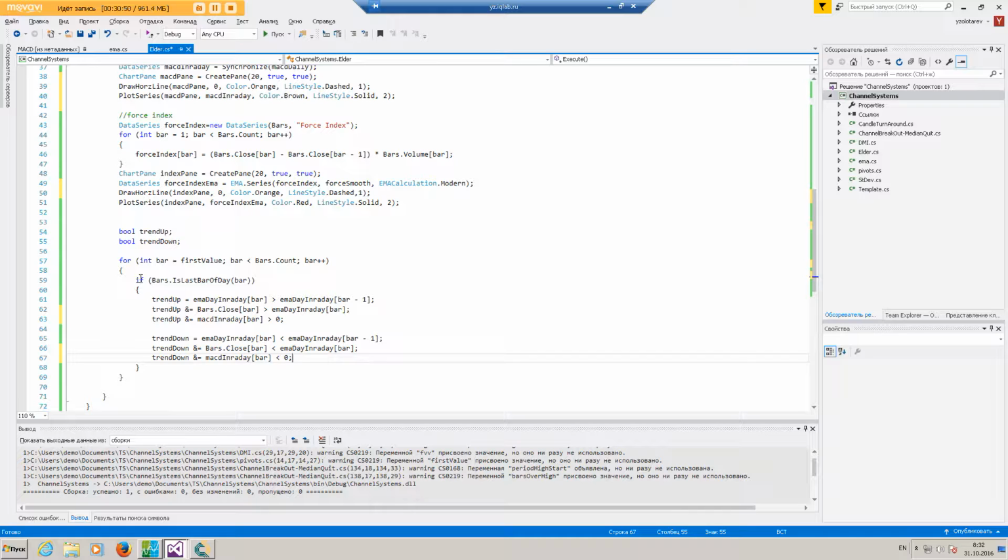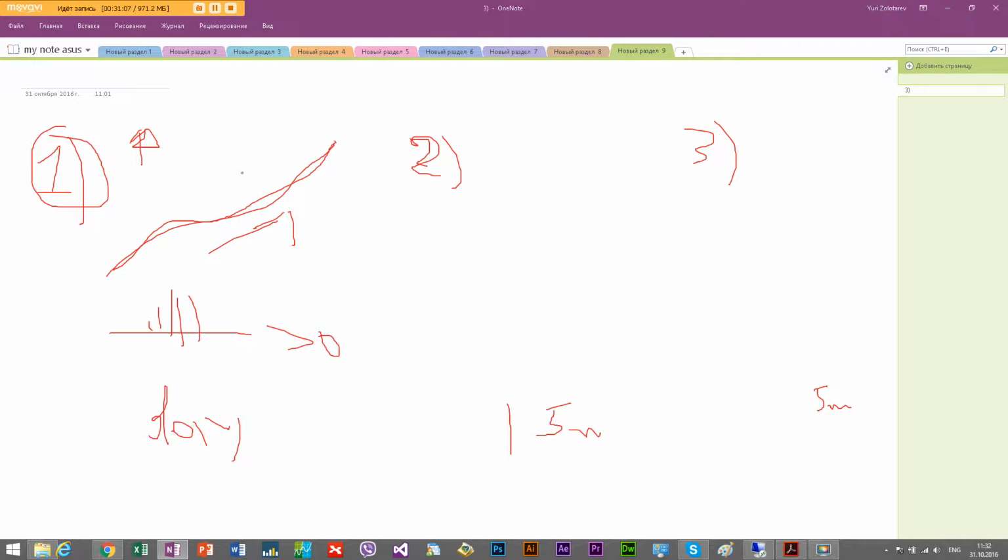So now we have figured out our trend, and we have figured out our force index, right? The thing is, he's talking about buying pullbacks, right? So let's say we have a trend up, and that's confirmed by an EMA and an MACD. So we have a strong trend on the parent time frame, the slow time frame.